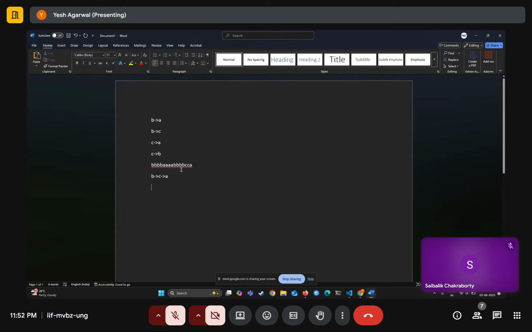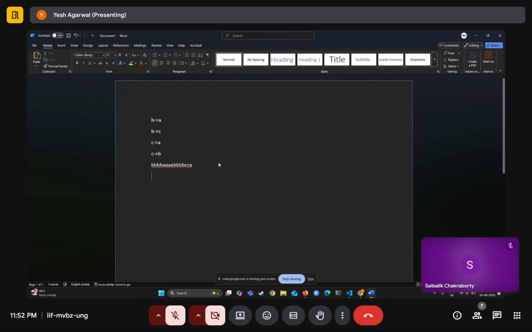You cannot perform it. So B to C should be before C to A in the query order. And the same thing for C to B and then B to A. So that is basically the intuition.